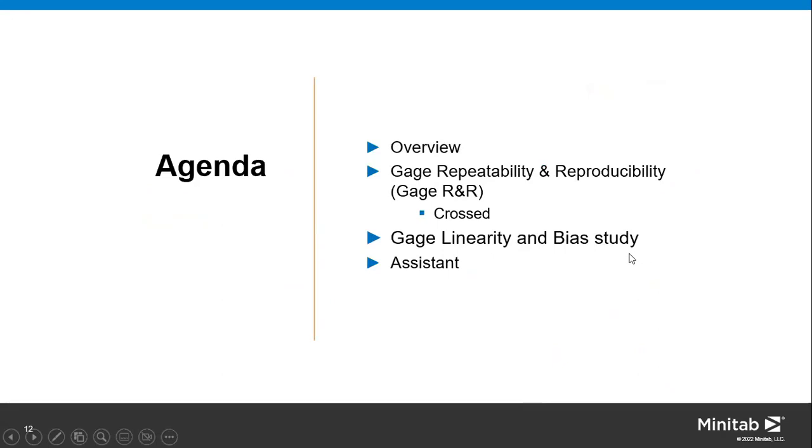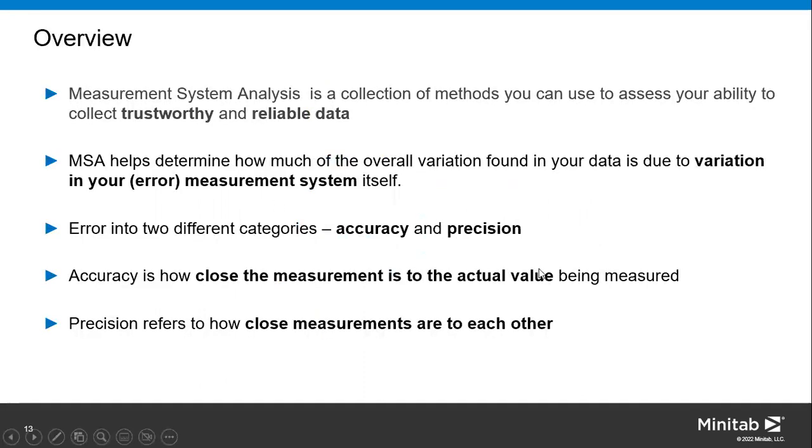The agenda today: we try to explore what Gage R&R itself is, what the first R and the second R are, and then we go to bias and linearity, and then how to run it using the Minitab Statistical Software. So I go to the overview, the overall picture before we go to Gage R&R.